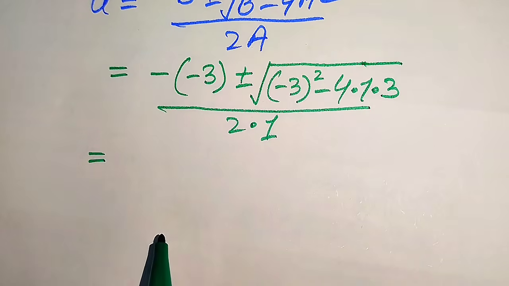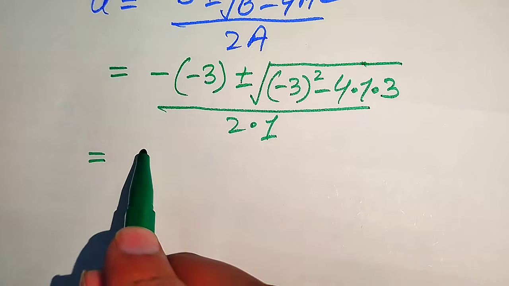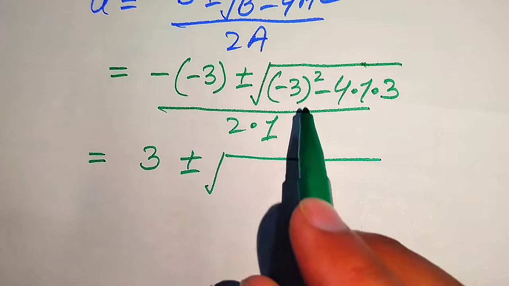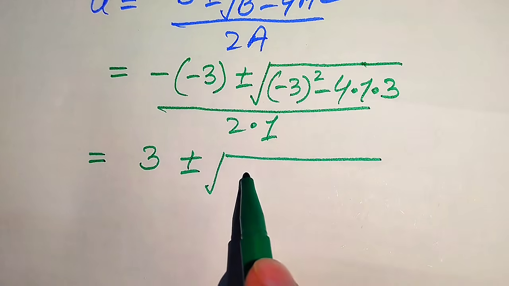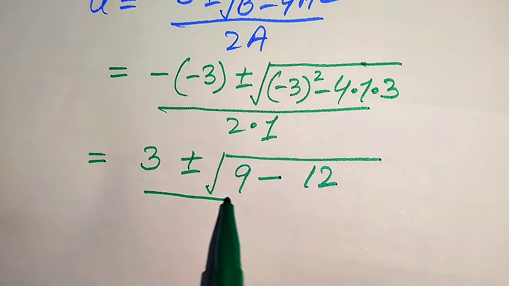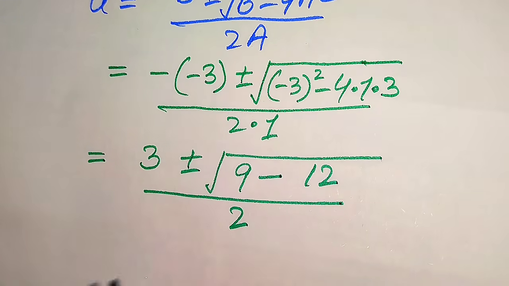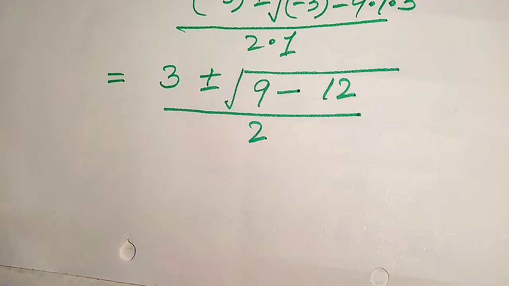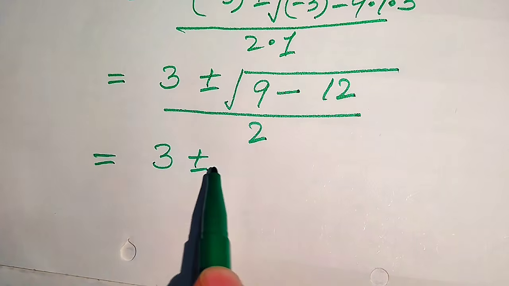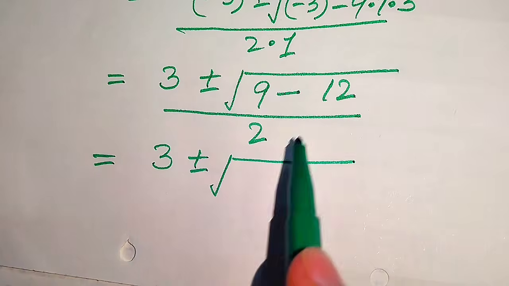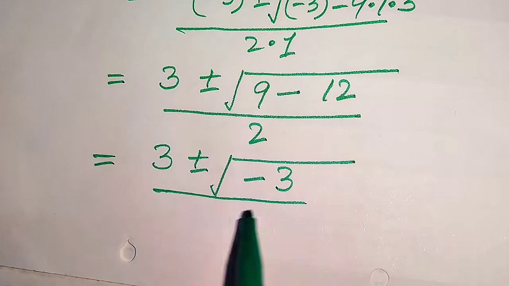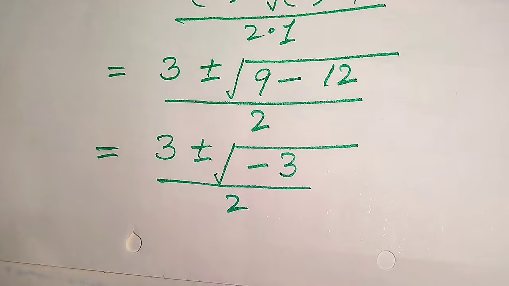In the next step we simplify: minus times minus becomes plus 3, plus minus square root of minus 3 square, which becomes 9, minus 4 times 3, which becomes 12, divided by 2 times 1, which equals 2. Now we have 3 plus minus square root of 9 minus 12, which becomes minus 3, divided by 2.